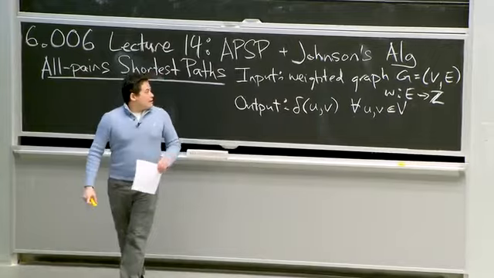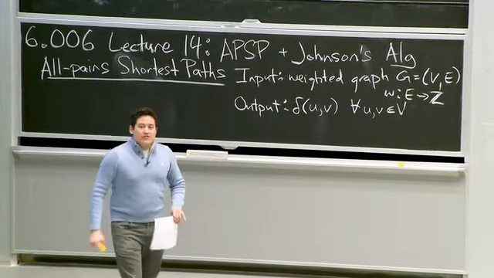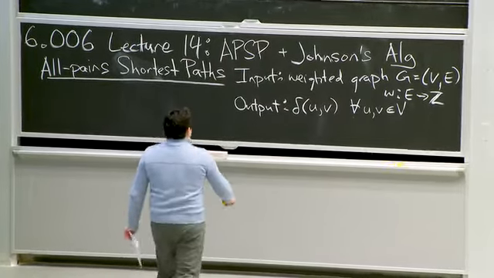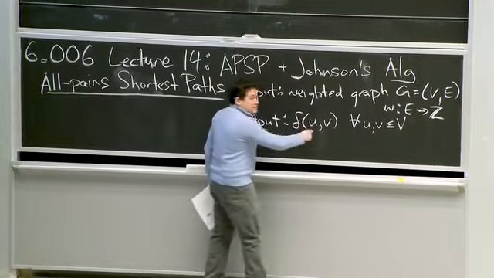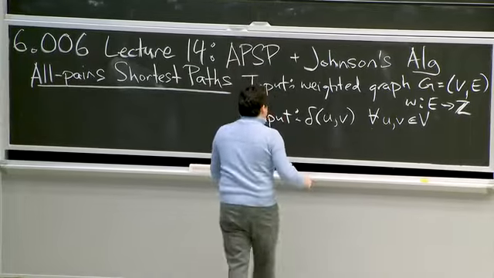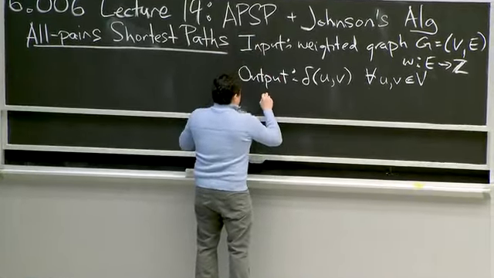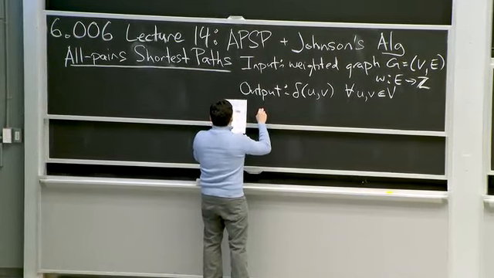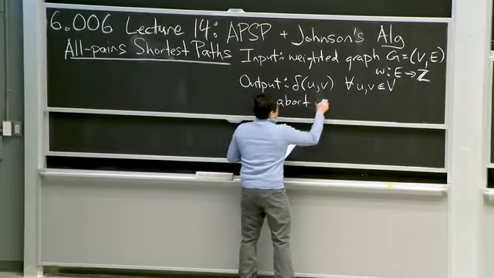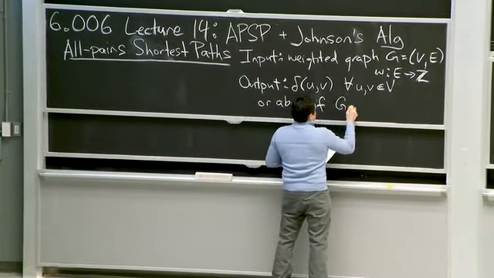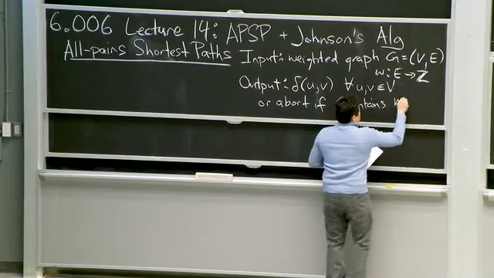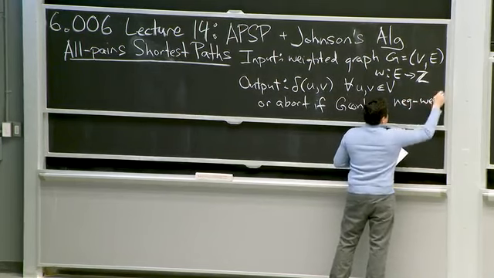Now, there's one caveat here: if there's a negative weight cycle in our graph, in other words, if any of these delta(u, v) is minus infinity, there's a negative weight cycle in our graph. So we abort if G contains a negative weight cycle.